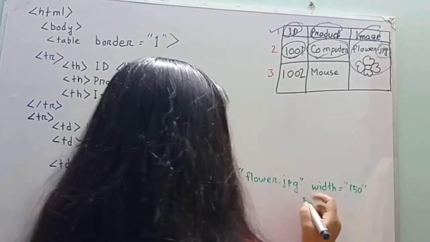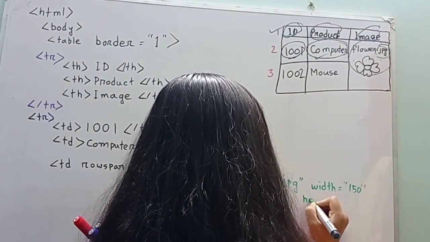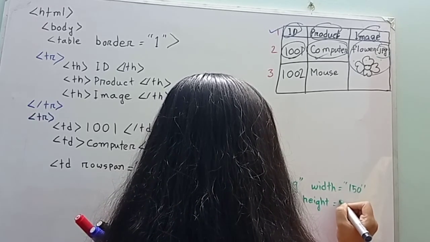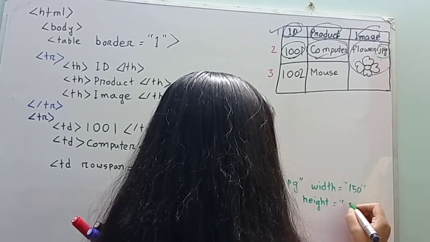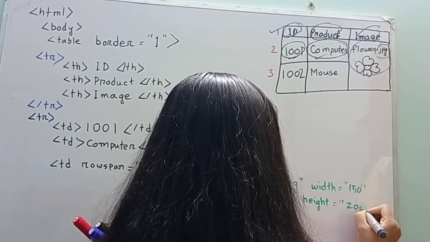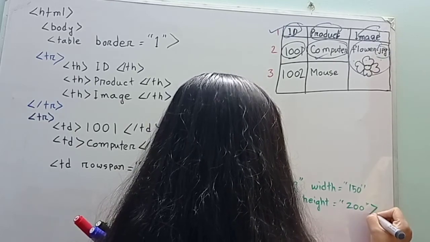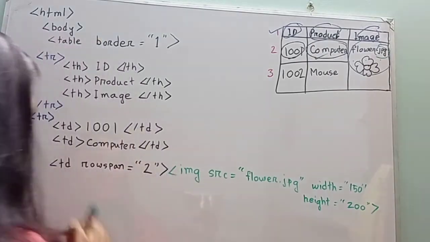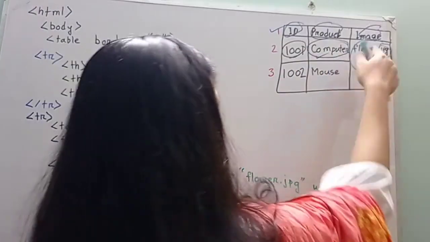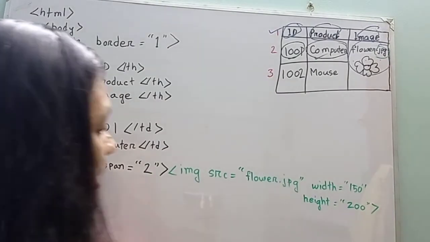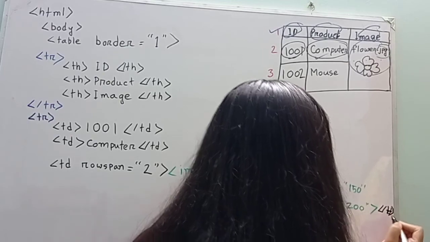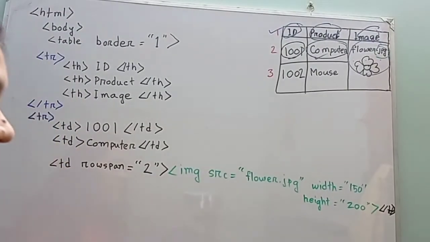As there is no space, I am going to the next line, height, and here let's say I'm taking the height 200. So it's done. As we started td, td is also finished, that means the work of this box is finished. So I will close the td tag here. As img is an empty tag, there is no closing tag, only a simple tag will be used.